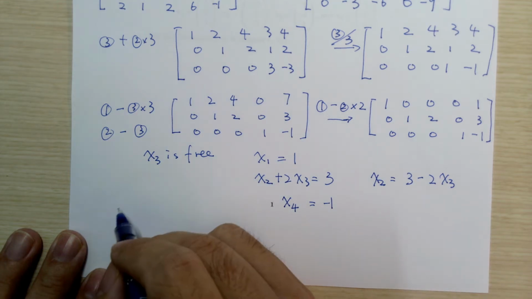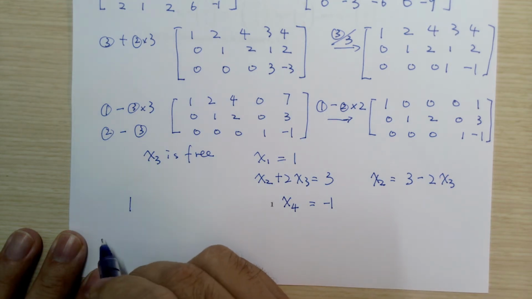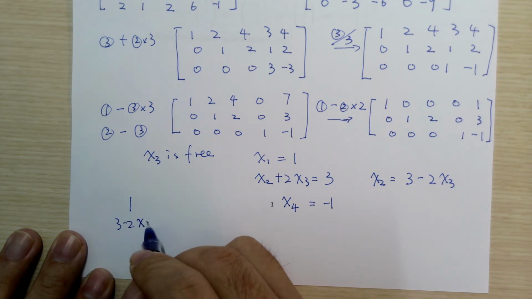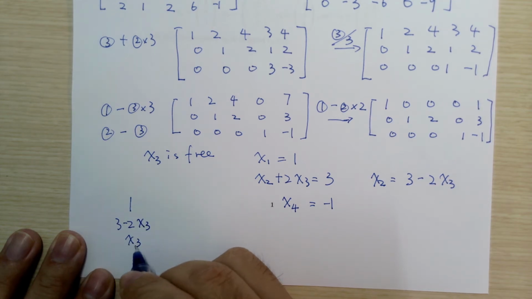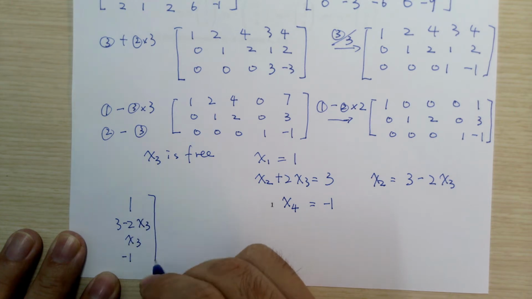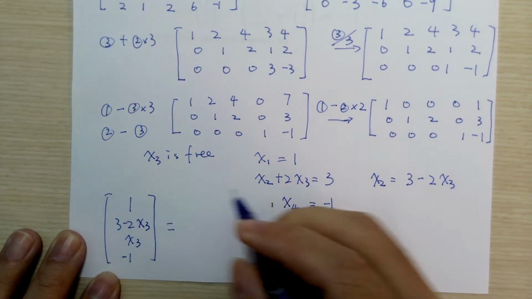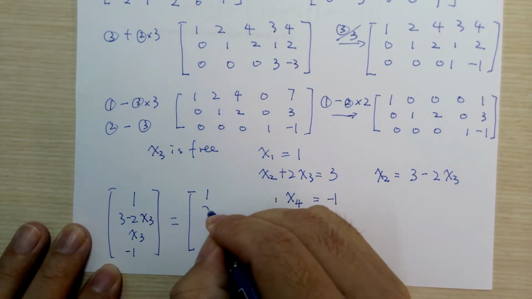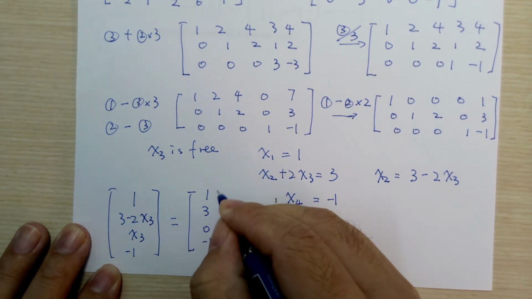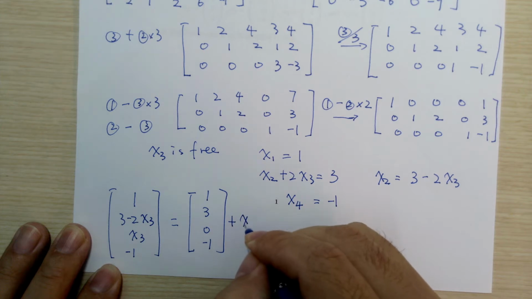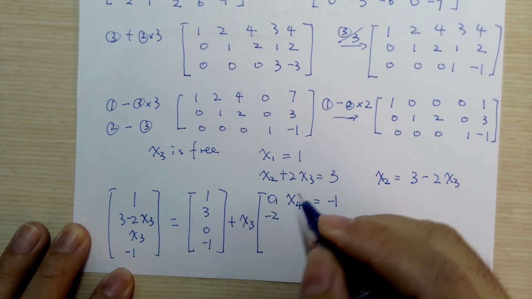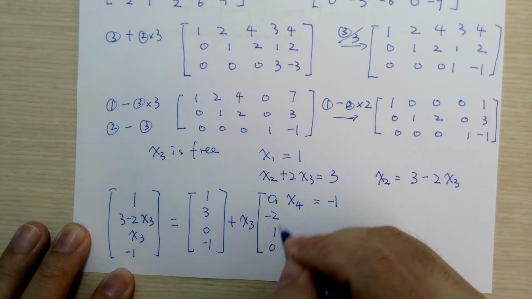Well, as you can see, x1 is 1, right? x2 we can write as 3 minus 2x3. x3 is here. x4 is negative 1. Okay. So in this problem, we can write this as 1, 3, 0, negative 1, plus x3 times 0, negative 2, 1, and 0.